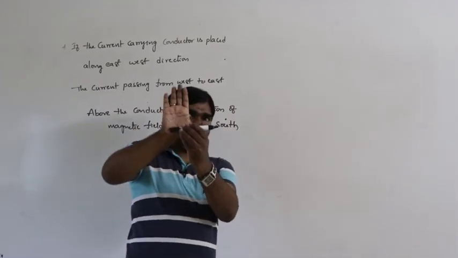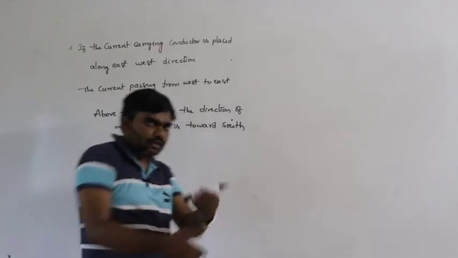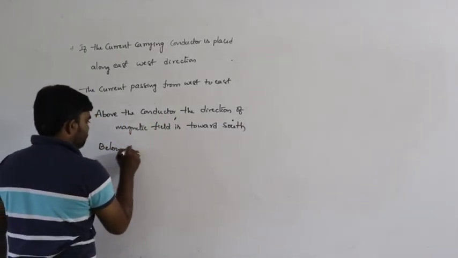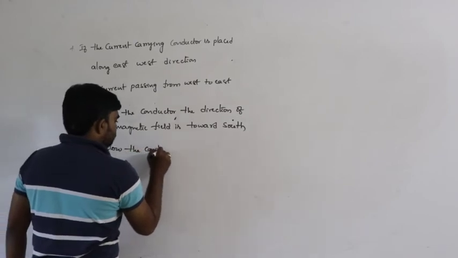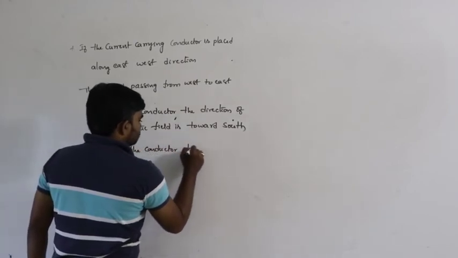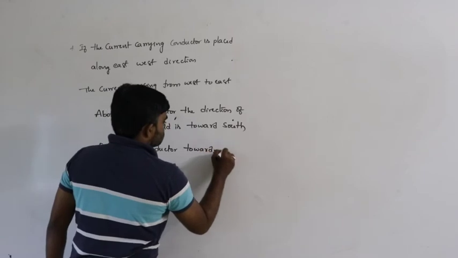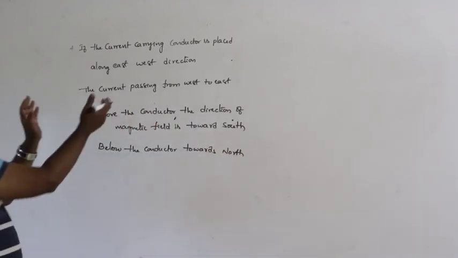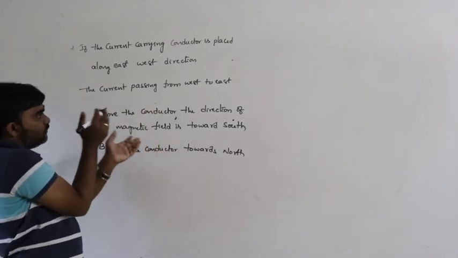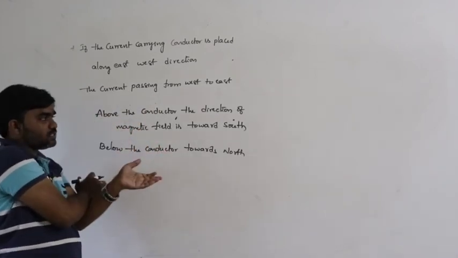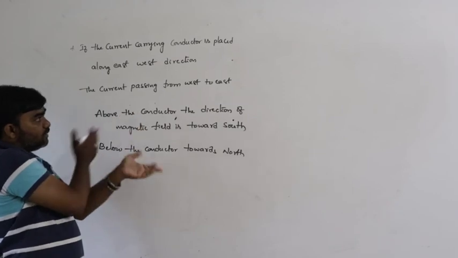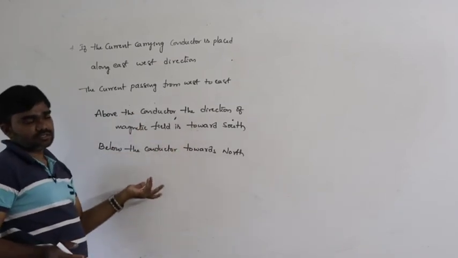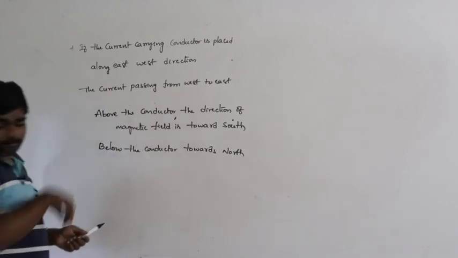So the curling above the conductor is towards south, and below the conductor towards north. And if the direction of the current is reversed, that is, if the current is from east to west, then the direction of the magnetic field is also reversed. So this is one point here.